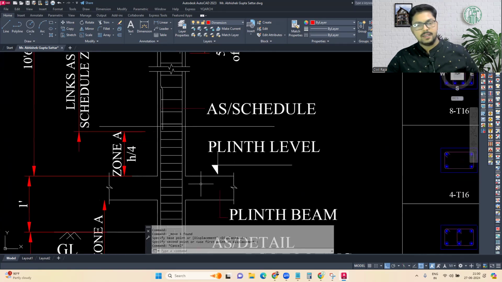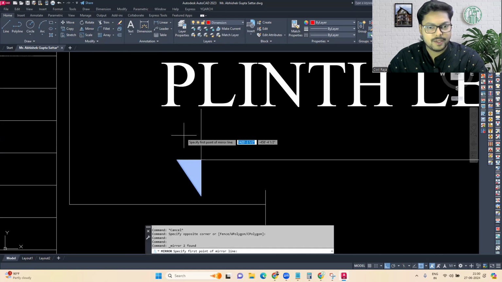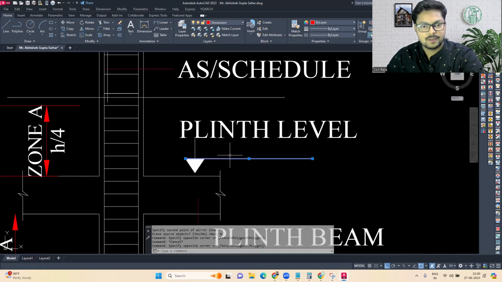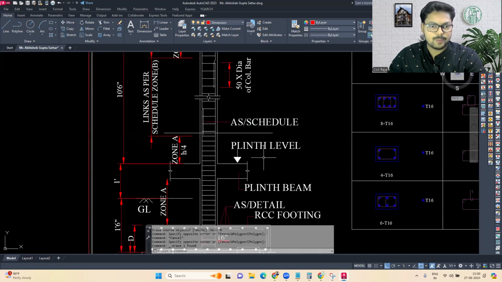There was a wrong marking that we had experienced over here. Now I will simply mirror it also. So this is our plinth level.